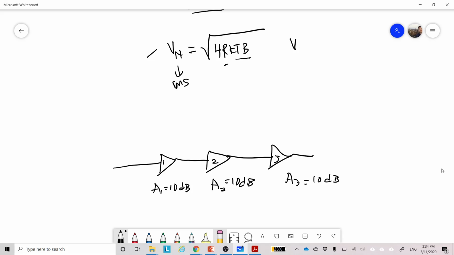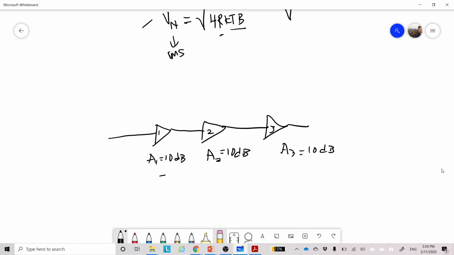So kalau you dapat macam ni, you boleh convert juga ini. 10 dB sama dengan berapa ni? Sama dengan 10. A2 sama dengan 10. Betul tak? Anti-lock 1 berapa? Okay. So you akan dapat 10. Ini pun dapat 10. Unitless.